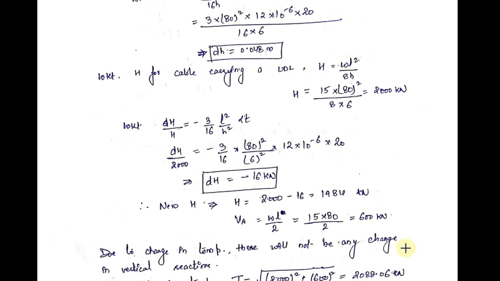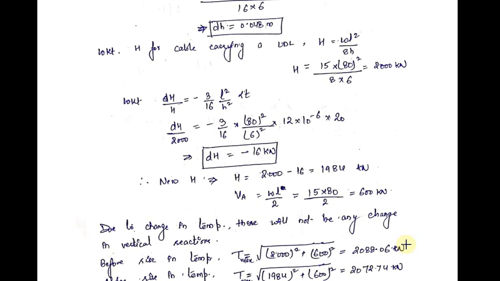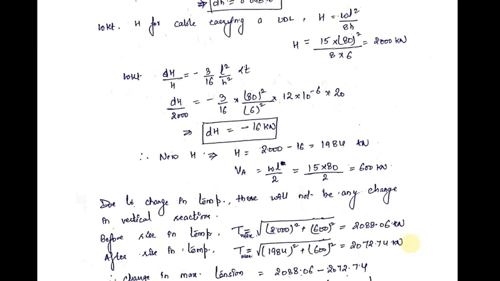And just as we discussed, whenever the temperature increases, there is no change in the vertical reactions, because the vertical reactions are subjected to the support conditions and the supports are not changing, just the temperature is changing. So there will be no change in the vertical reaction. Now let us find out the change in the maximum tension. Before the rise in temperature, we know the formula of maximum tension is equal to under root of VA or VB square plus H square.